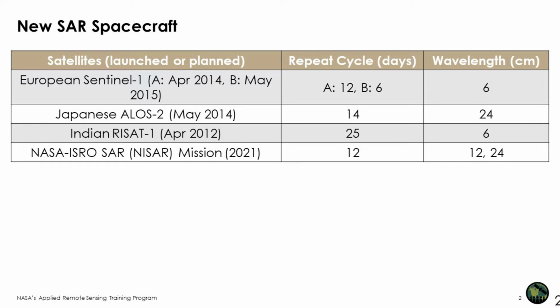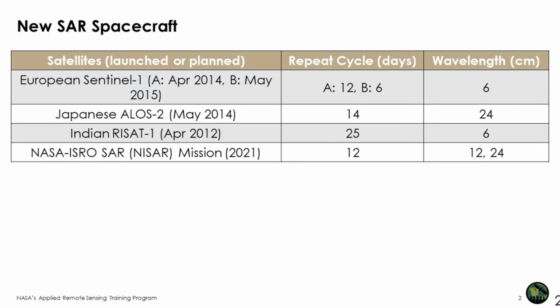The JAXA, Japanese Space Agency, launched another satellite called ALOS-2 in 2014. That has a 14-day repeat cycle, and it's another L-band satellite, so it has a 24-centimeter radar wavelength. The Indian Space Agency launched a satellite called RISAT-1 that has a 25-day repeat, and that's another C-band satellite.